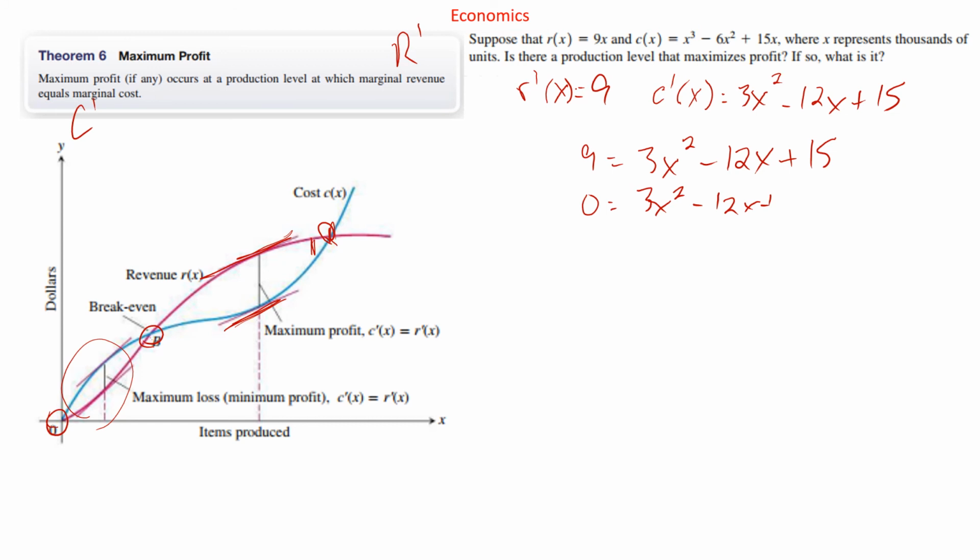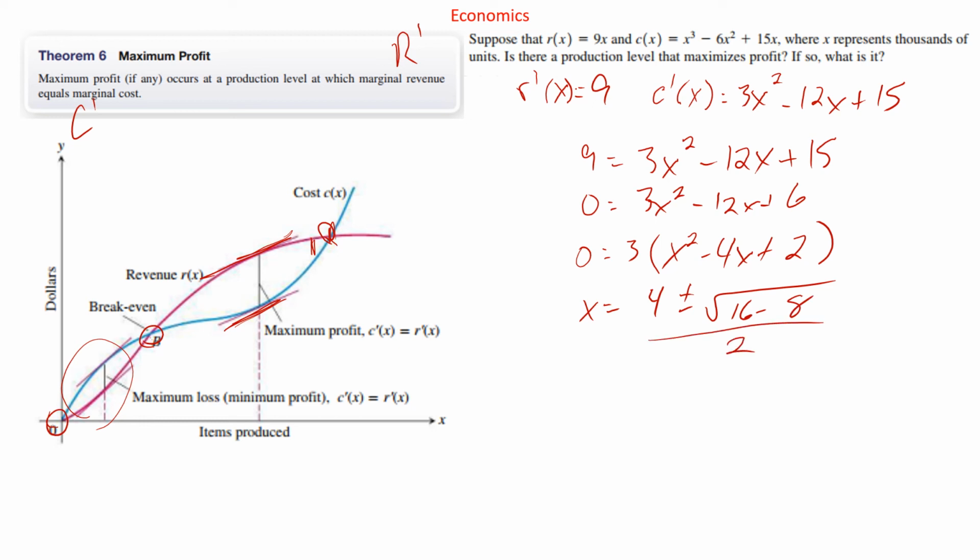I almost wrote plus 15. 15 minus 9 is plus 6. We can factor out a 3: x squared minus 4x plus 2. And then we're not going to be able to factor that, but we could throw it into the quadratic formula to get negative b is 4 plus or minus the square root of 4 squared, 16, minus 4 times 1 times 2 is minus 8, over 2.